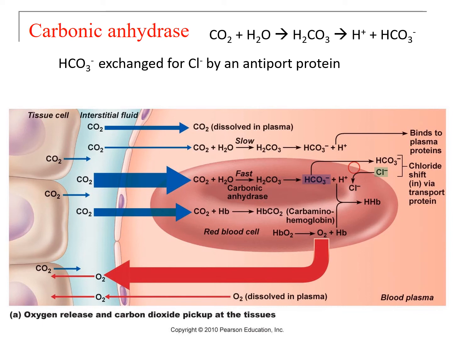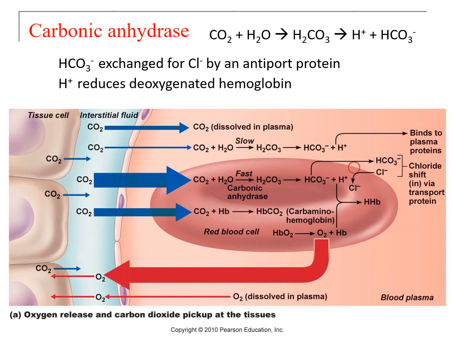You have an antiport protein that will exchange bicarbonate for chloride. This is called the chloride shift. Let's watch it in action. The chloride ion gets brought into the red blood cell. The bicarbonate ion gets moved out of the red blood cell, and now you've got the bicarbonate ion in the bloodstream.